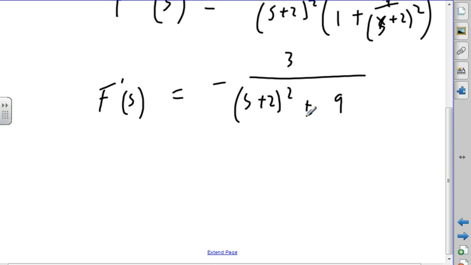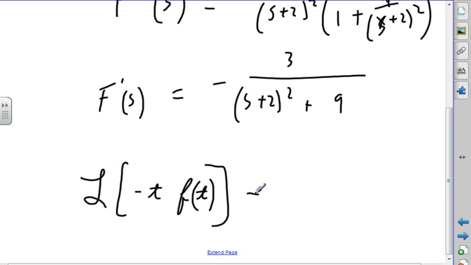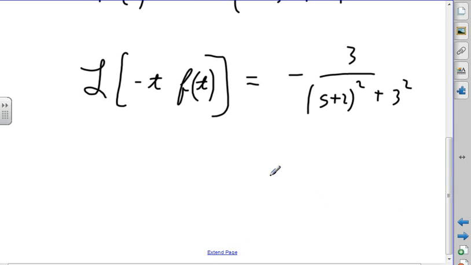So the Laplace transform of minus t f of t is going to equal minus 3 over s plus 2 squared plus 3 squared, right? Now, this negative and that negative can go away.